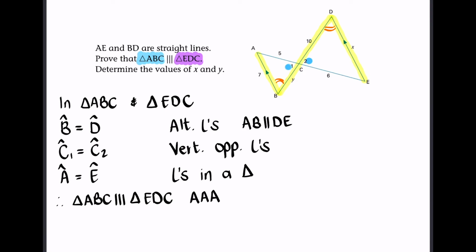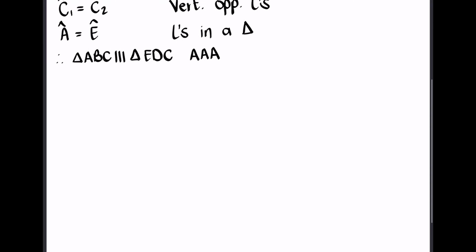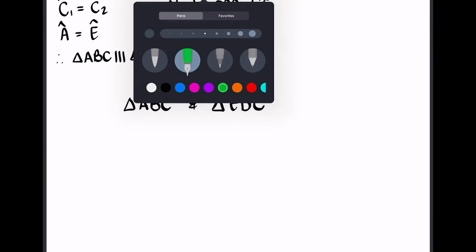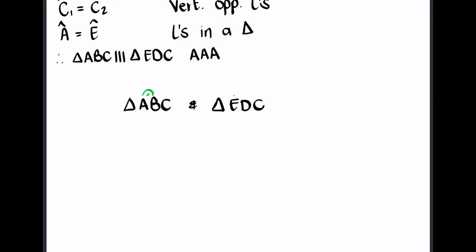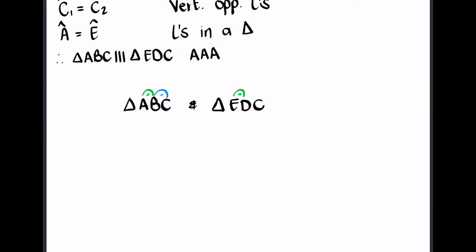Now that I've proven the two triangles similar, I can therefore work out my sides in proportion. So I'm going to do my frog face. So I have triangle ABC and triangle EDC. So that means I have the left eye over the left eye. I have the right eye over the right eye. And I have the mouth over the mouth.